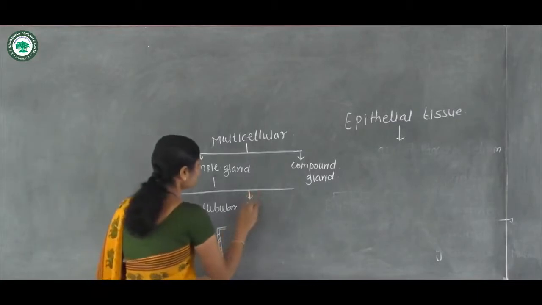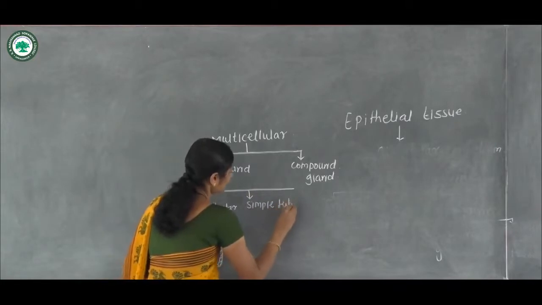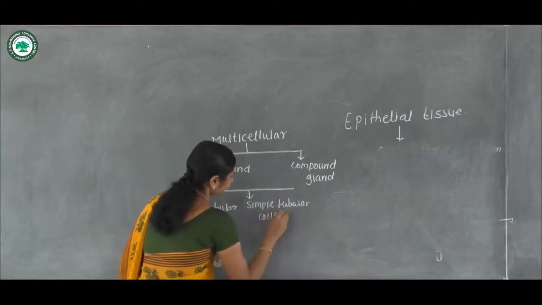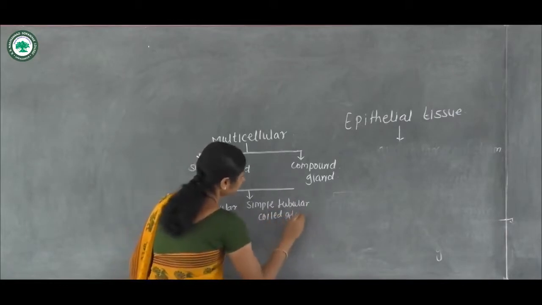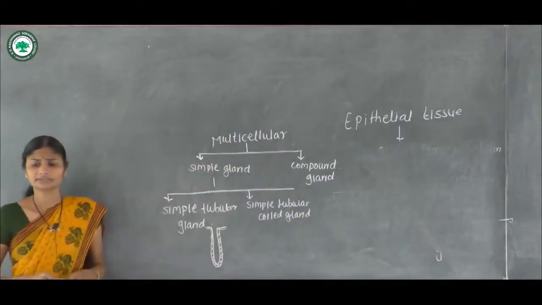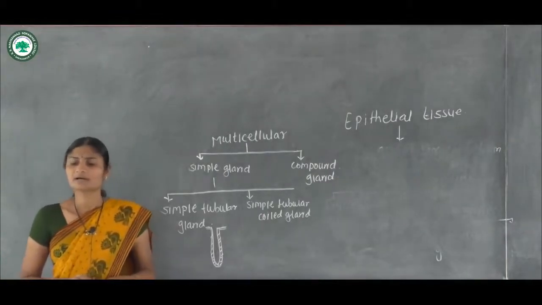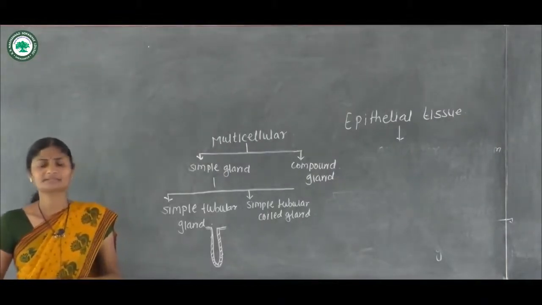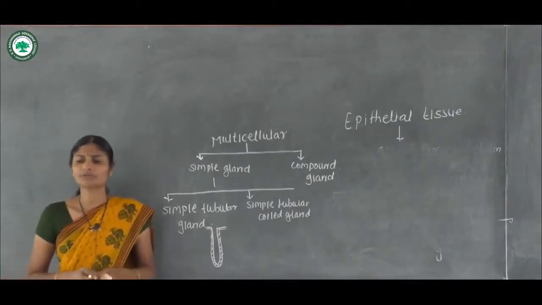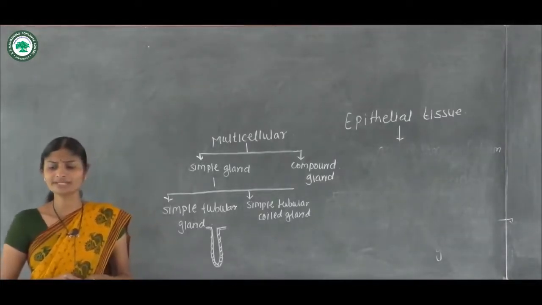Second, simple tubular coiled gland. In these coiled tubular glands, the lower portion, that is the deeper portion of the tubules, is coiled or convoluted.